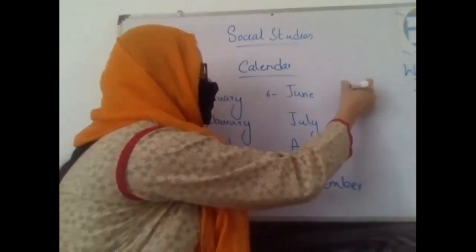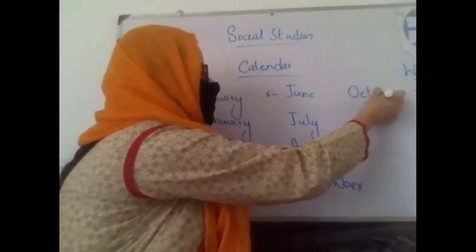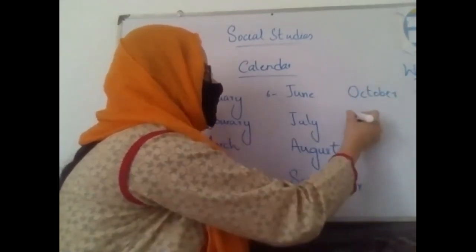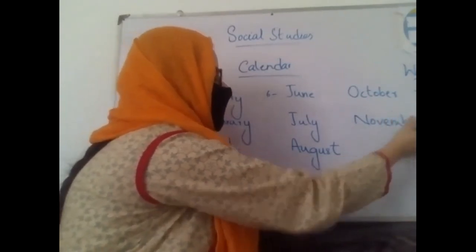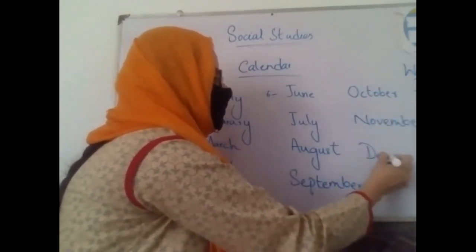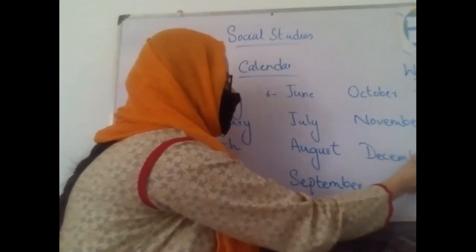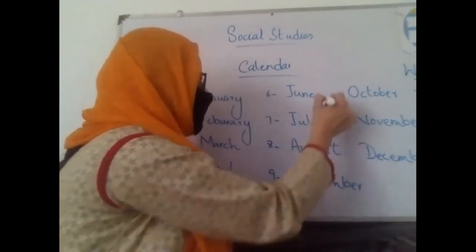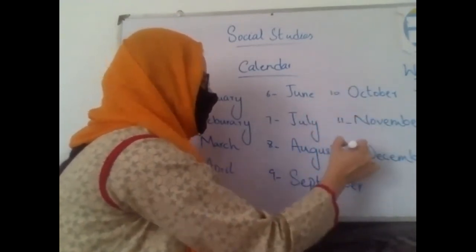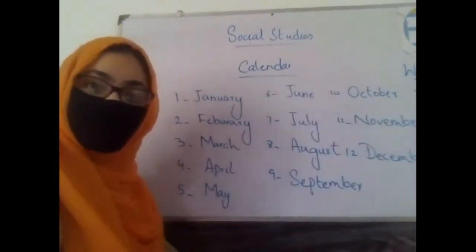Then we have October, November, and finally, we have December, right? So this is 7th, 8th, 9th, 10th, 11th, and 12th. 12 months in a year.